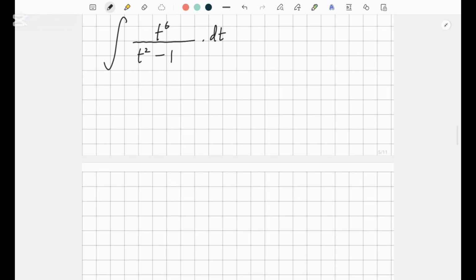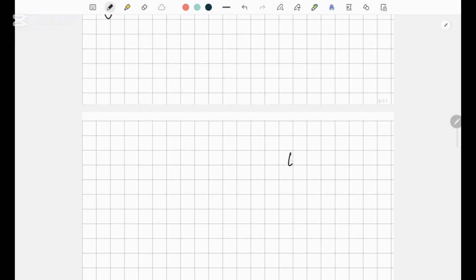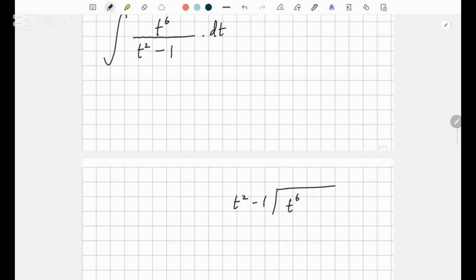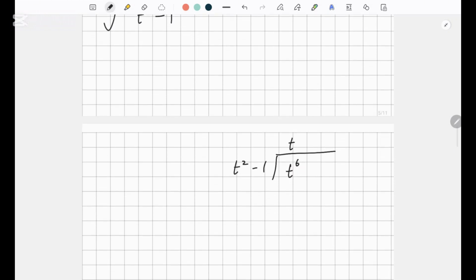And okay, so now going back to the question. If I divide t to the power 6 by t squared minus 1, I'll have t to the power 4 here, because t to the power 6 divided by t to the power 2 is t to the power 4, right? Then t to the power 4 into t to the power 2 is t to the power 6.